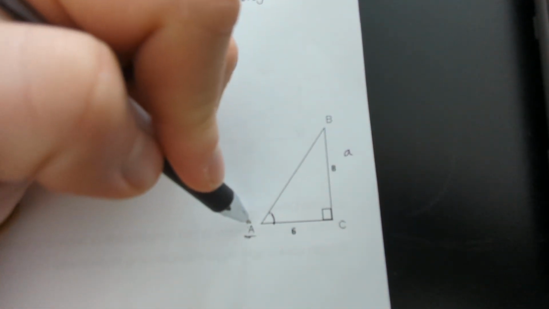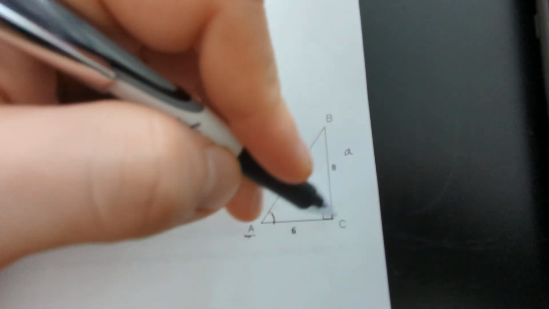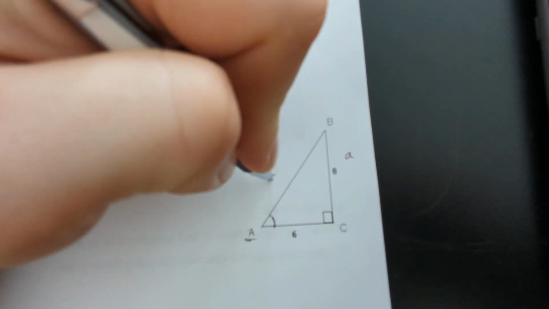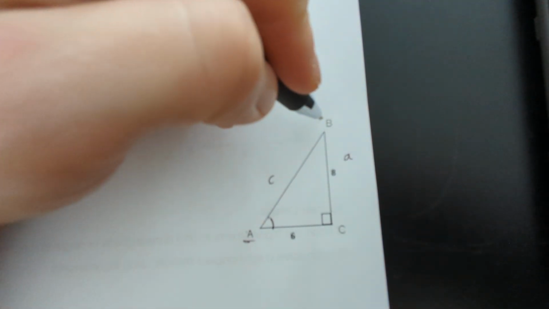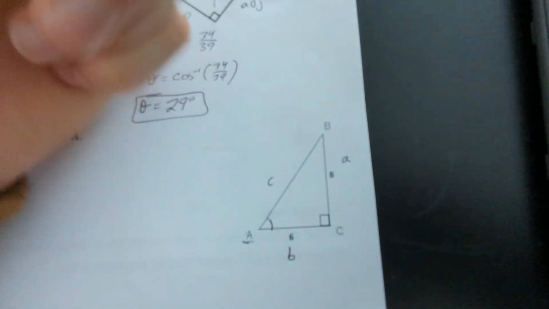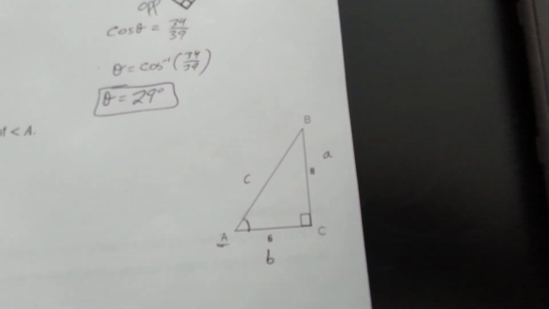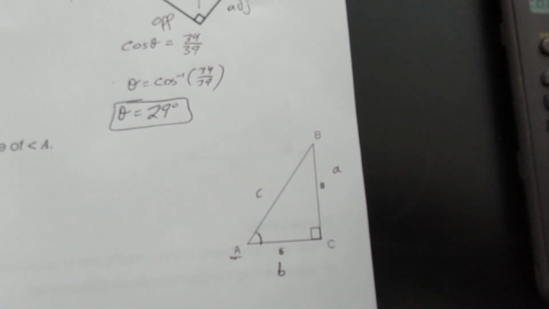So if this is angle A, this is small a. If this is angle C, this is small c. If this is angle B, then this is small b. Doesn't really matter in this question, but in the future, it will be important.